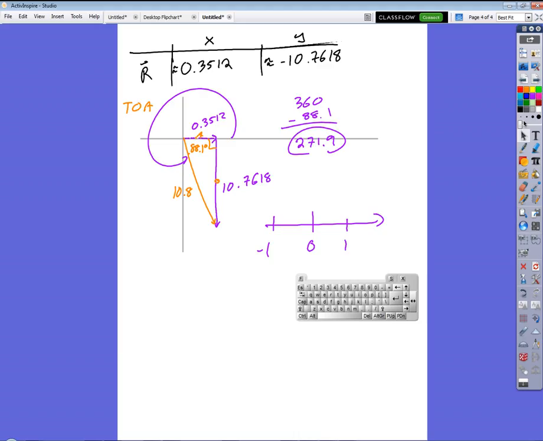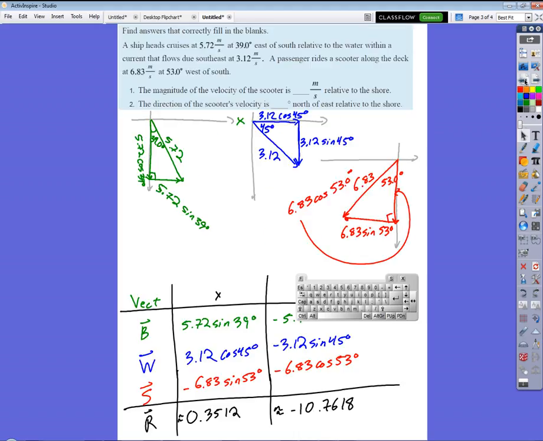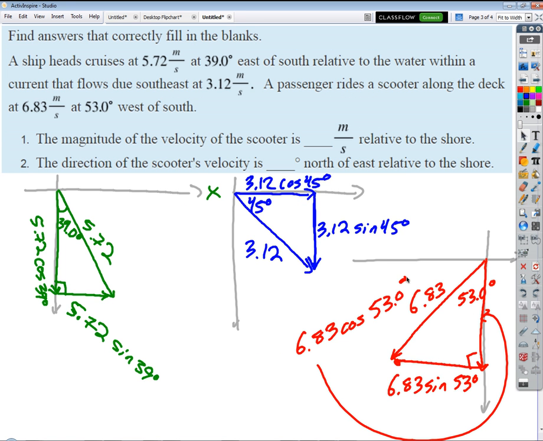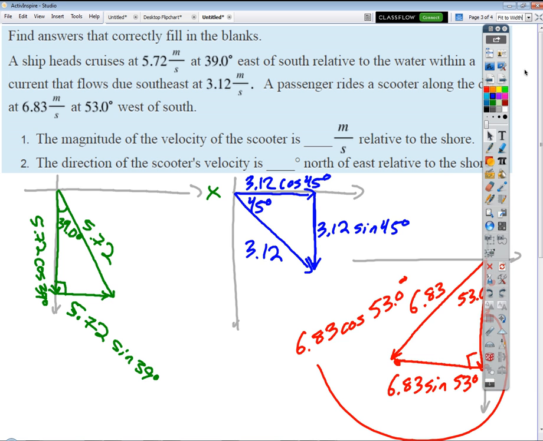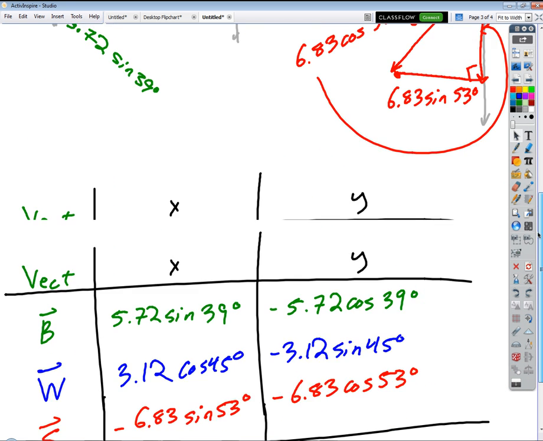Do you feel like after having gone through that, let's just rehearse what we did. All we did was take each vector and break it up into x and y components, right? Based on the direction of those components, they were either positive or negative, correct? So our table ended up looking like that.